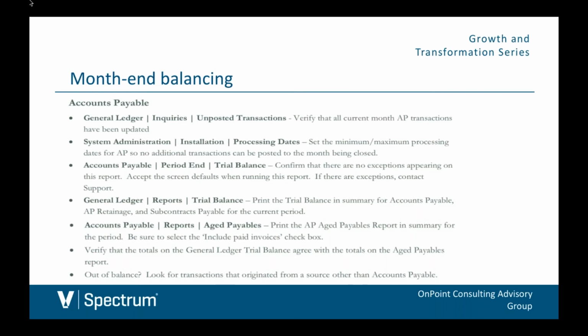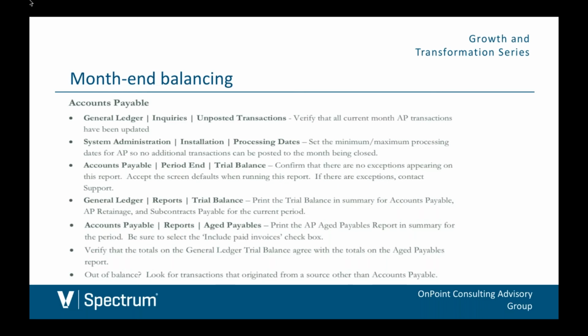But when you're going backwards to balance to a previous month, you need to check the box, include paid invoices, because you're giving it a previous cutoff date. If you don't tell it to include paid invoices, anything that's paid since then is not going to be on there, so you won't balance. So that's the only little thing that's different on there.